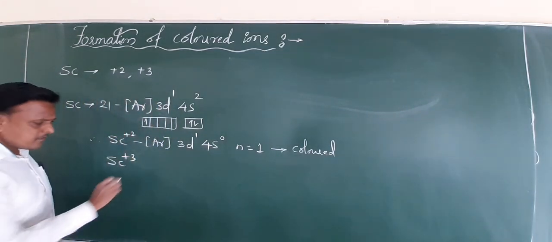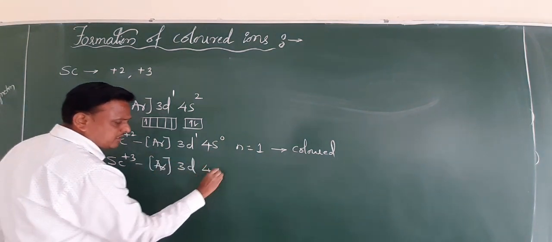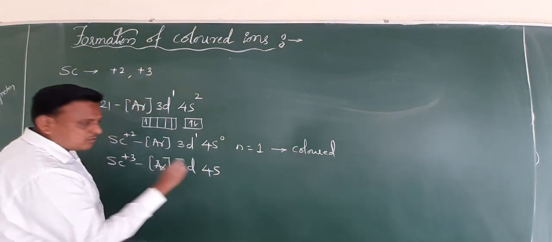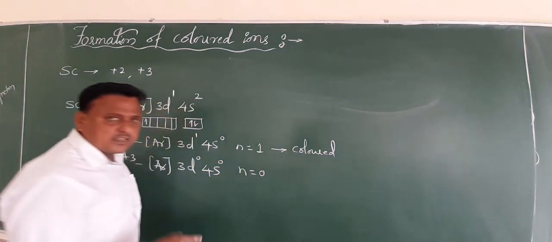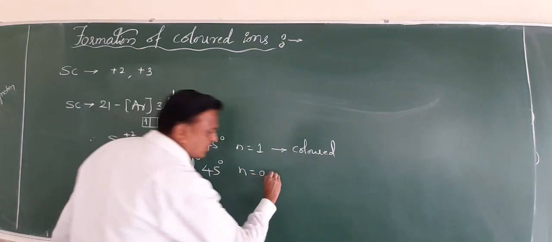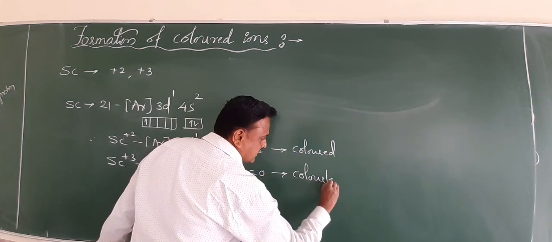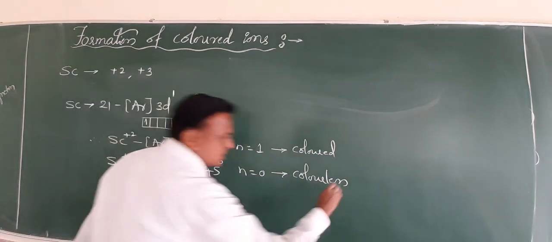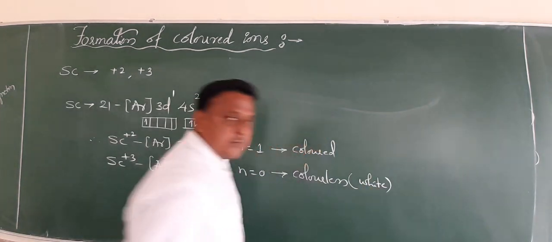In scandium +3, argon 3d and 4s, removal of all 3 electrons. This is 0, this is also 0. n stands for 0. If n is 0, there is no unpaired electron. The compound is colorless. In certain cases they say white also. Colorless means white.